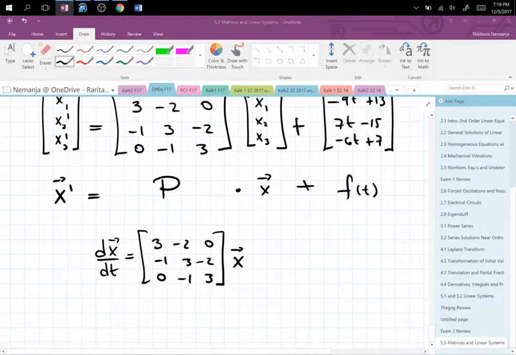Oh, you didn't get that? It's 3, negative 2, 0, negative 1, 3, negative 2, 0, negative 1, 3. Is that x of n, or just x? It's x, because when I put the arrow above it means it's a vector. So it's whatever number of rows, and you know because this is 3 by 3, this is a 3, so it has to be a 3.